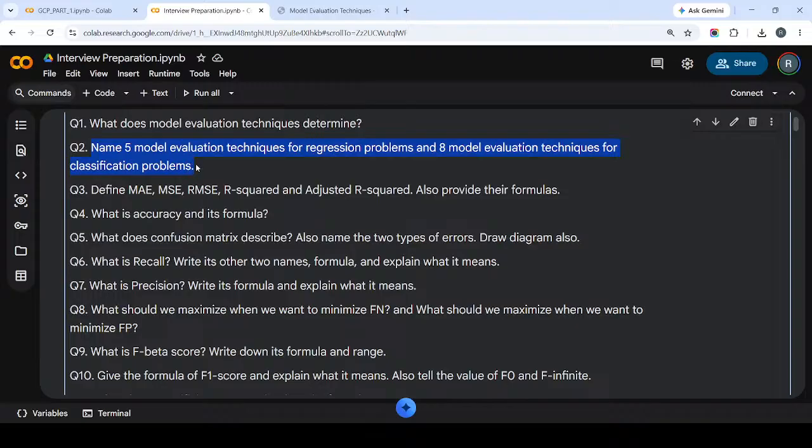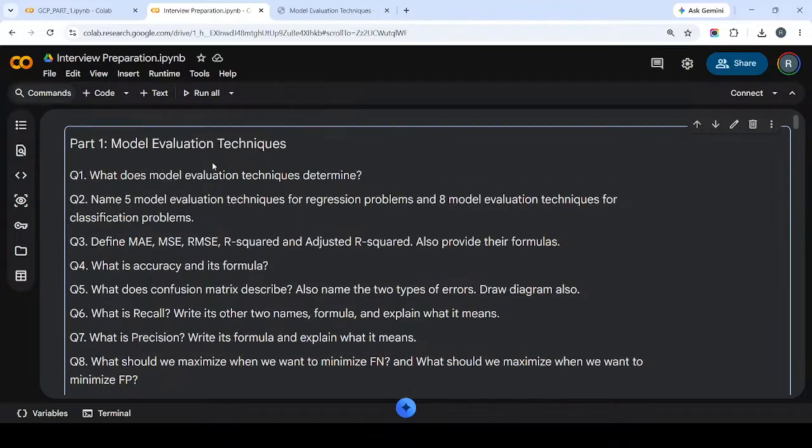The interviewer will not ask in general, like, tell me any five model evaluation techniques, but may ask: tell me about some model evaluation techniques for regression problems, and then tell me model evaluation techniques for classification problems. We use different techniques for regression and different techniques for classification.